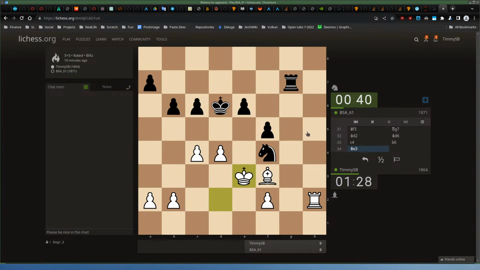But attack. Is this problematic for black? I think it is. It's pretty damn problematic. I'm gonna like that. Why can't I take? Cannot really take.